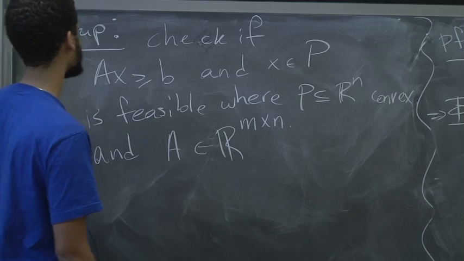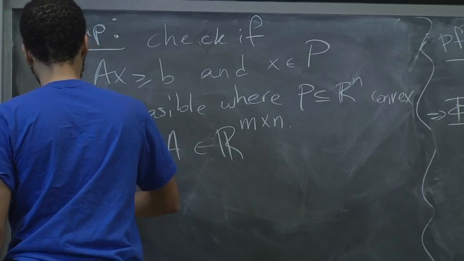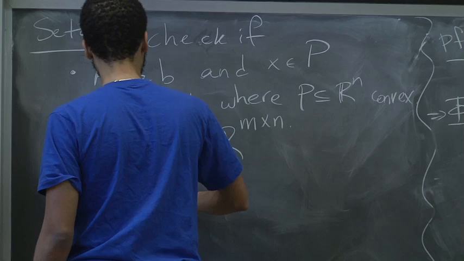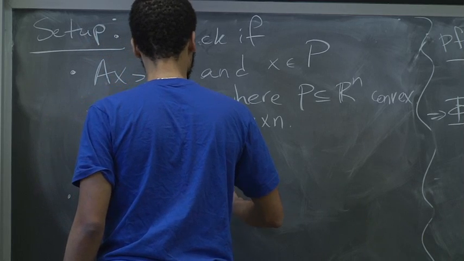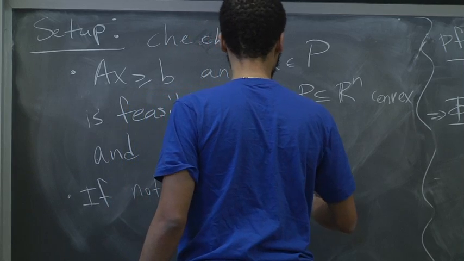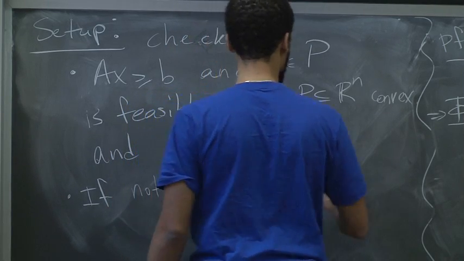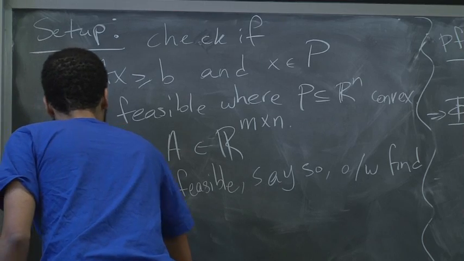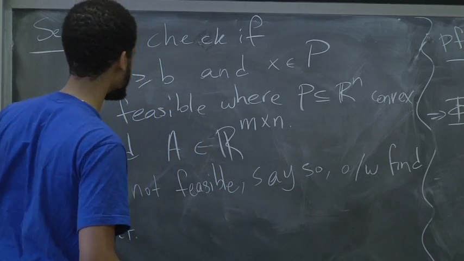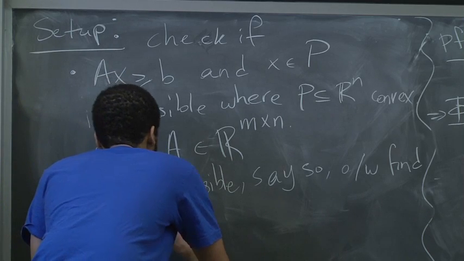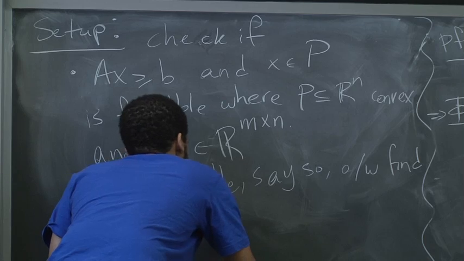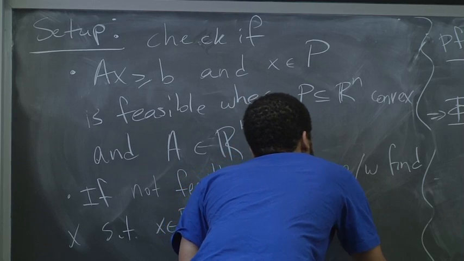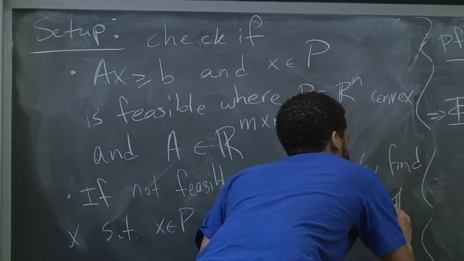Now, if not feasible, we should say so. Otherwise, we should find an x such that x is in P and Ax is at least b minus epsilon times the all ones vector.